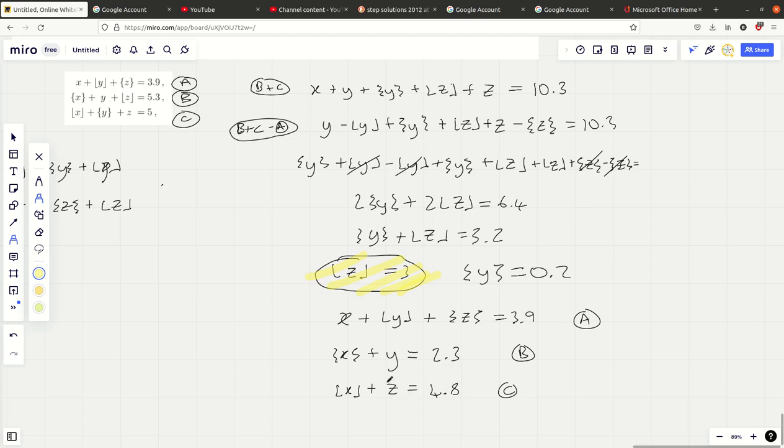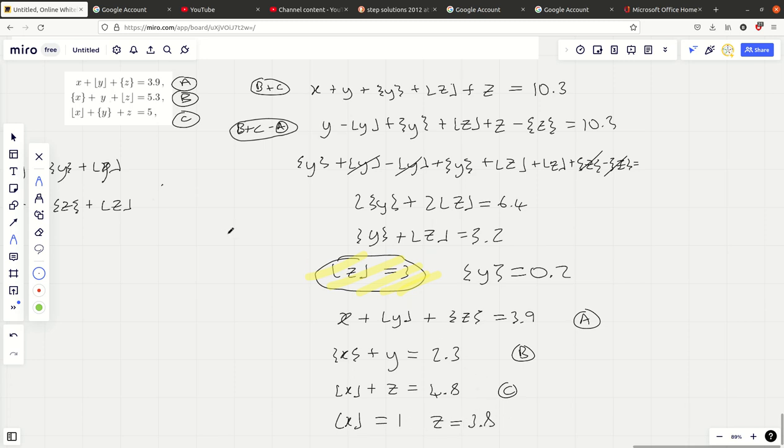Well, that means that the integer part of x must be 1. Because this is 3 point something, and after adding the integer part of x, you get 4 point something. I think we can do some Sherlock Holmes here, basically, that the integer part of x must be 1. And in fact, you can see that only makes sense if z is 3.8.